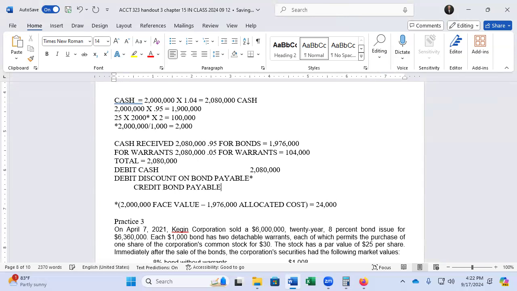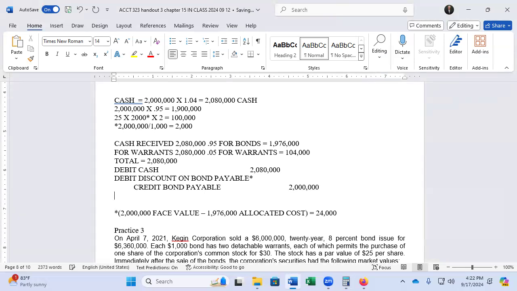Debit bonds payable, 2 million. And credit paid in capital, stock warrants, $104,000. We have an entry that balances.